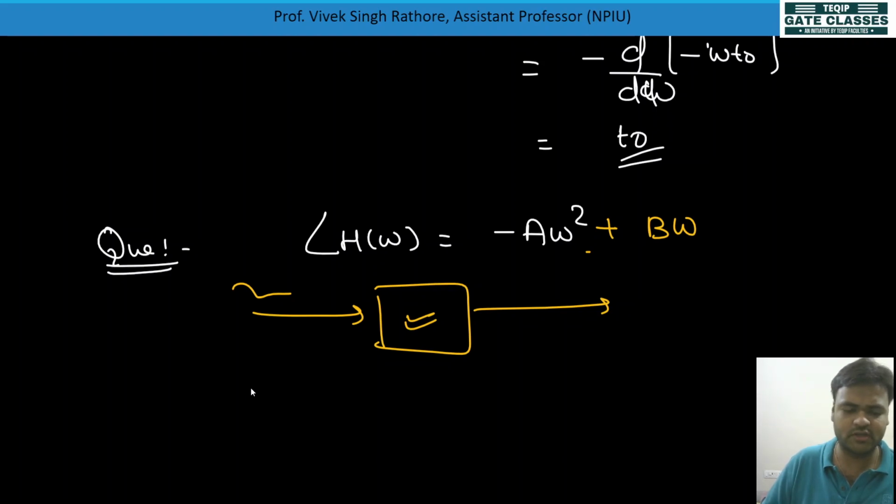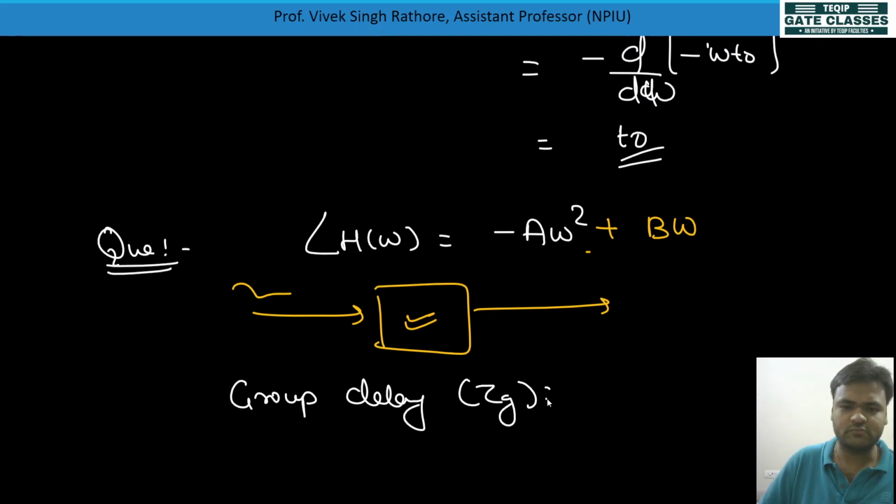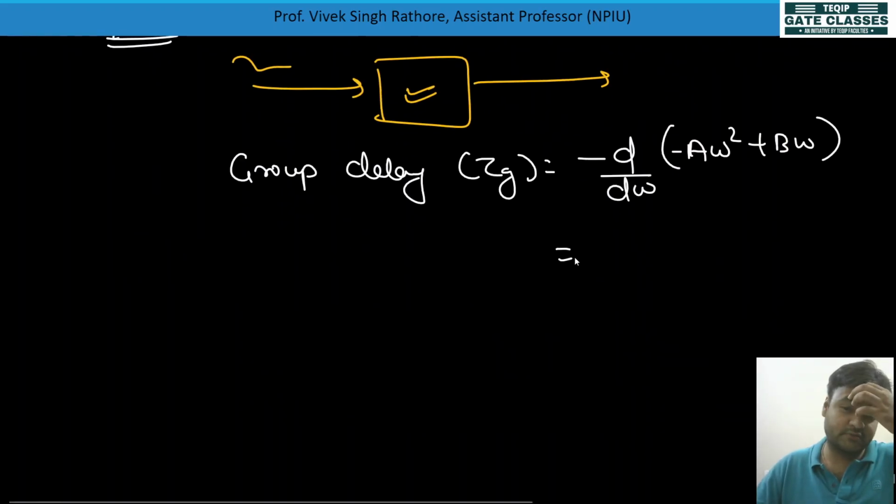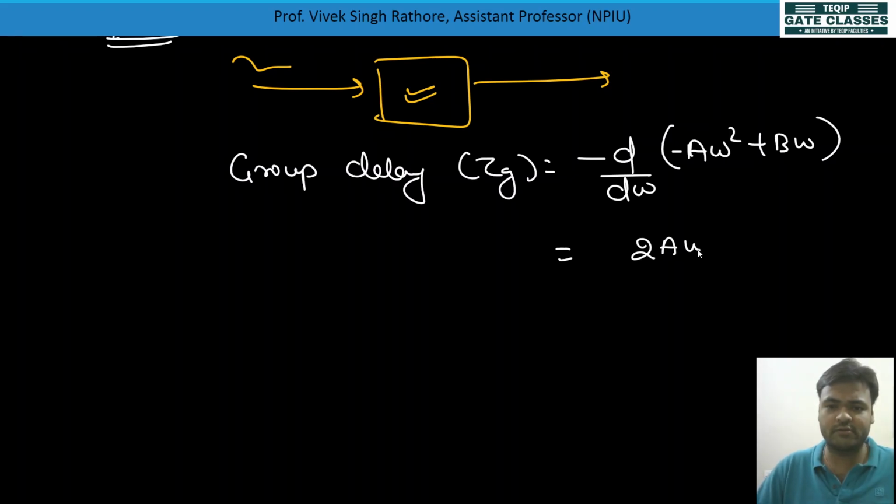Let's suppose we need to calculate the group delay. Tau g is nothing but minus d by d omega of the phase, so minus d by d omega of minus a omega square plus b omega. Minus minus plus, so 2 a omega will be there, and plus b will be there, with the minus sign also. So its group delay is dependent on frequency.